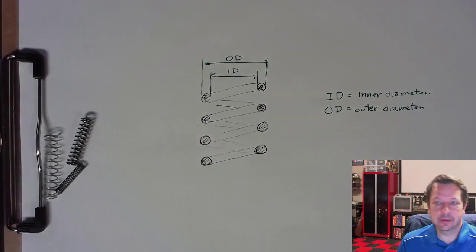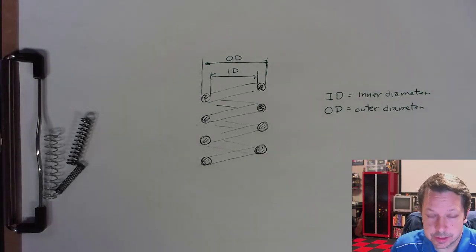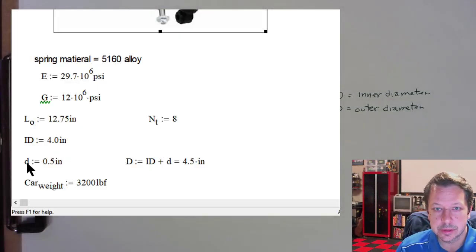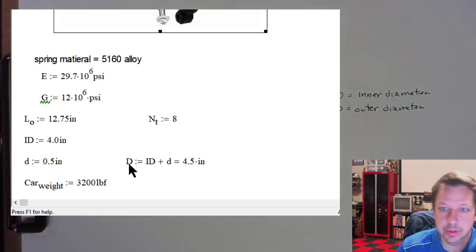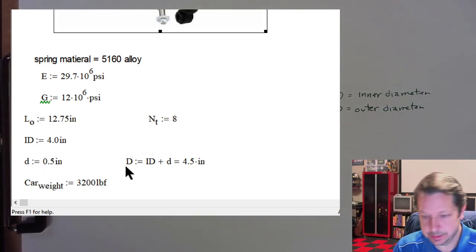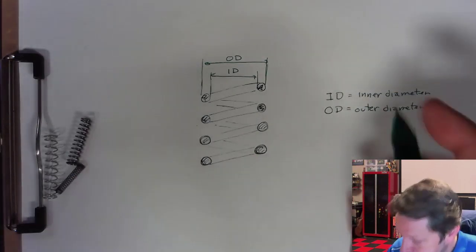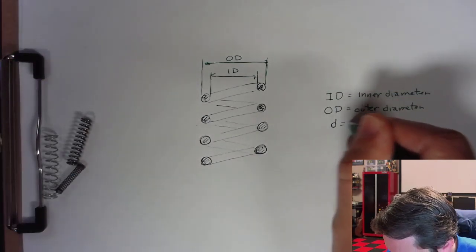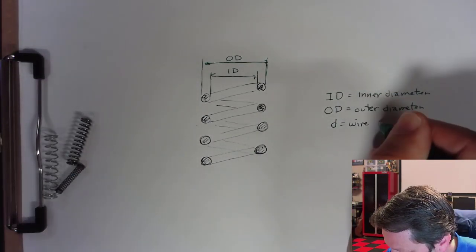Neither of these are the variables that we're going to use in our equations, though. The variable we're going to use most is lowercase d and uppercase D without the I or the O or whatever. These are two different things. So d is wire diameter.